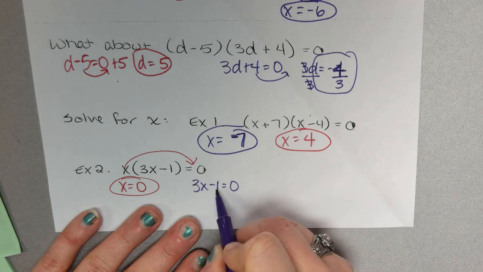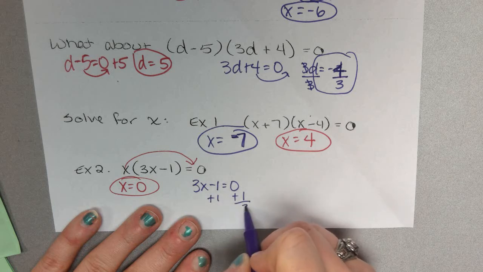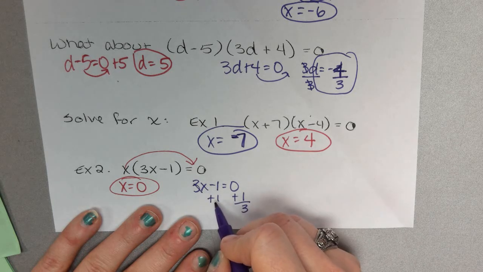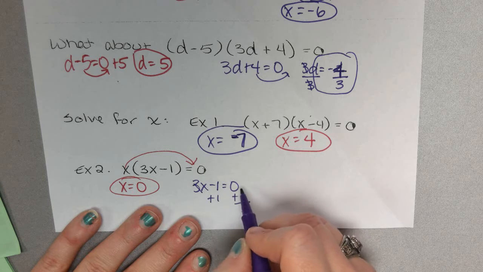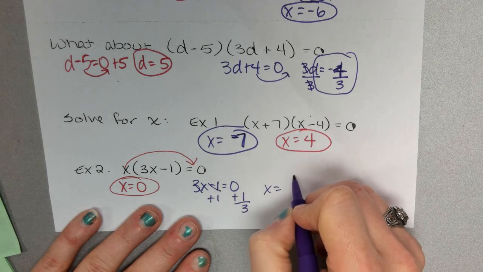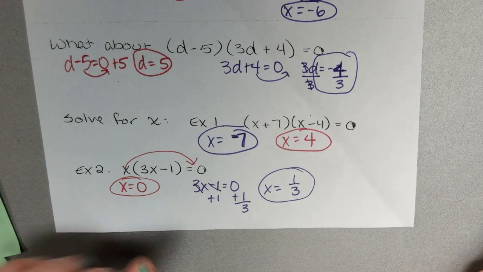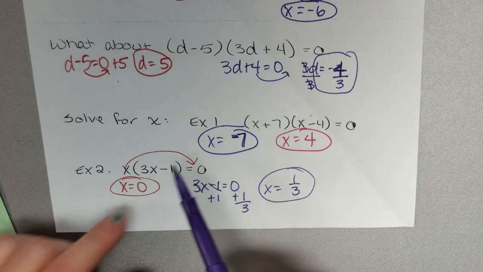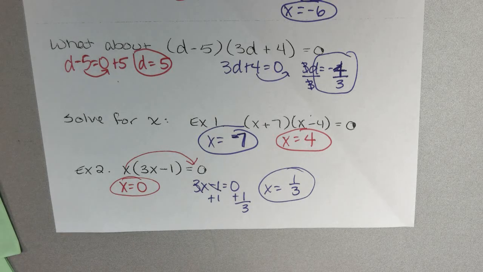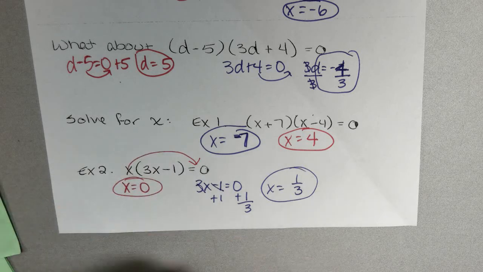When you do that, you get plus 1 to both sides, and then divide by 3 to get that off. So you get x equals 1/3. That's your other answer. So again, if you see it distributing, you do not distribute, you just set it equal to 0. So x equals 0, and then 3x minus 1 equals 0.